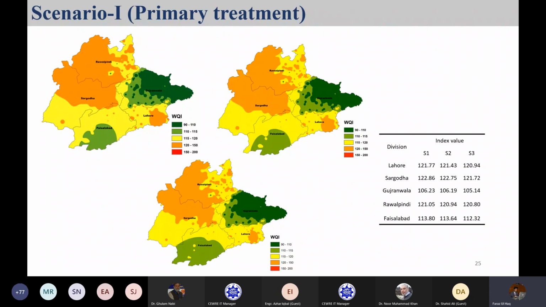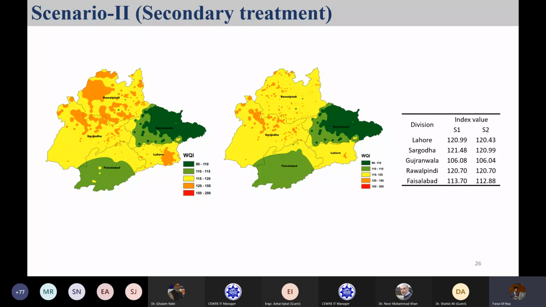First of all, the first scenario is for the primary treatment. As we can see, after passing wastewater through the primary treatment, the divisions show a slight impact on their index value. Moving towards the secondary, we can see the variations from scenario 1 to scenario 2.